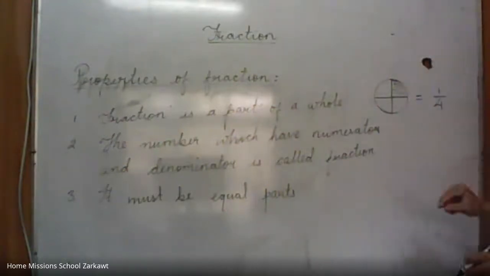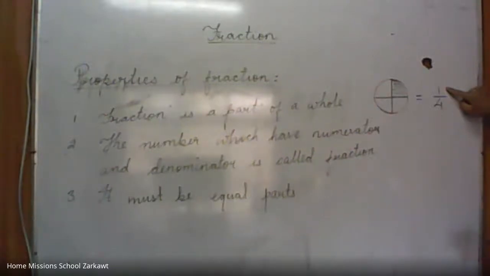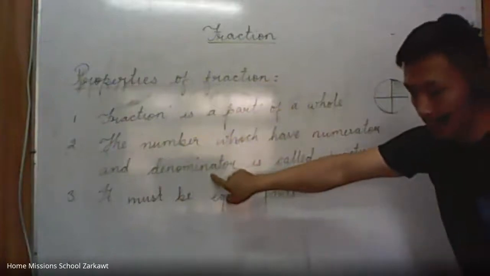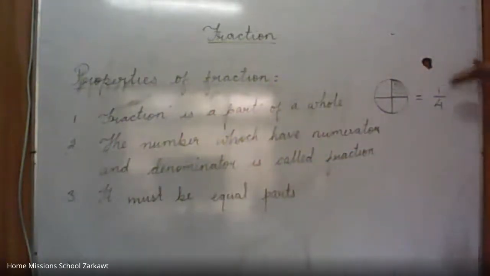Okay, 1, this is numerator, and this is denominator. The upper one is numerator and the lower one is denominator.